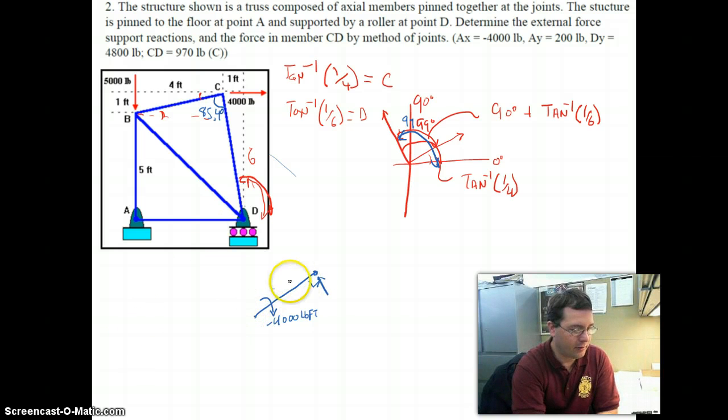Well, how long is this lever arm? Let's see. It's the hypotenuse of a triangle with one side that is 4 feet and the other side that is 1 foot. So it's going to be 4 squared plus 1 squared, and the square root of that sum is going to equal the length of BC, which is the square root of 17.